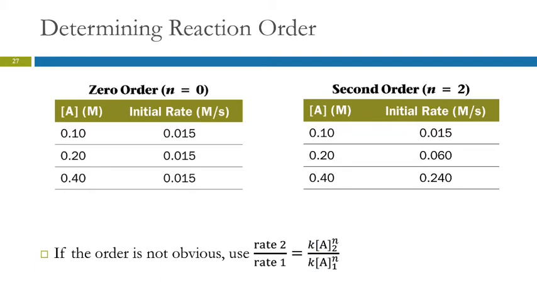It's really not that hard. You're just taking rate equals a constant times your concentration raised to the n power, essentially the rate with respect to that one reactant for one of the trials and dividing it by the same thing for a different trial. So n should remain the same, and then we can solve for n. That's what we need to do here.